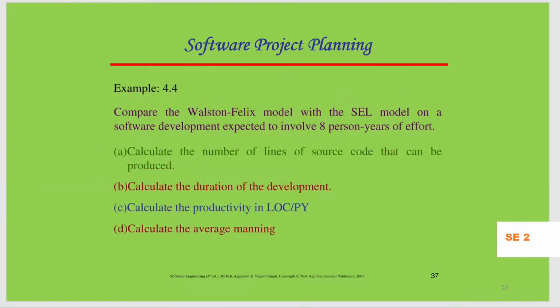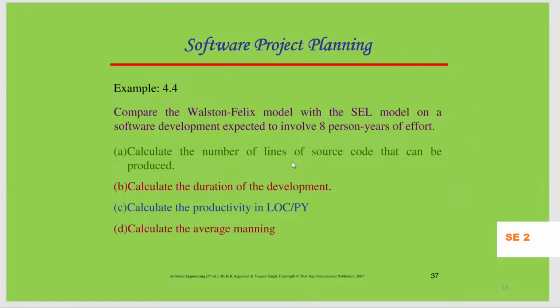Okay, let's have an example para mas madali. Compare now natin si Walston-Felix model tapos si SEL model. A software development is expected to involve 8 person-years of effort, or PY. Yan, ang ano daw para sa 8 na tao, 8 person-years of effort.